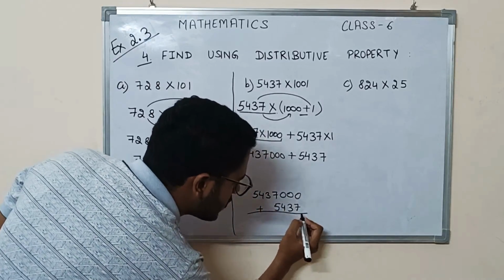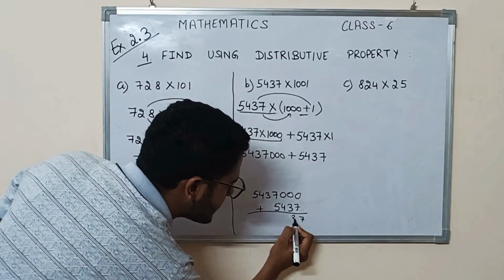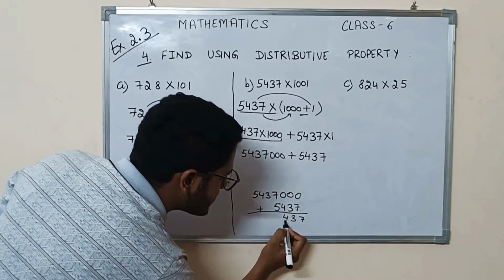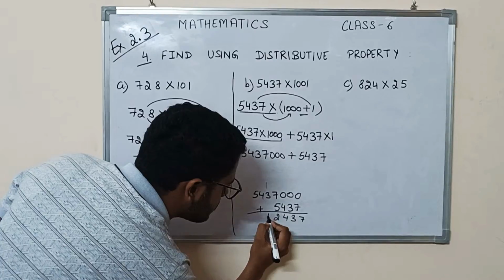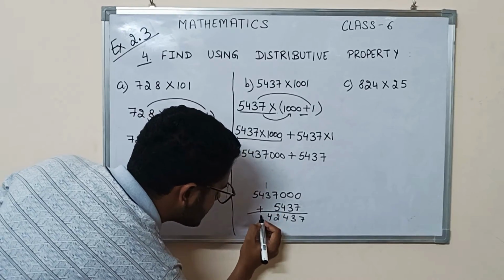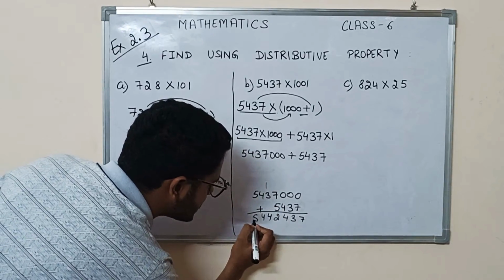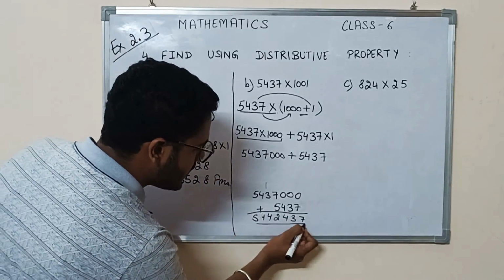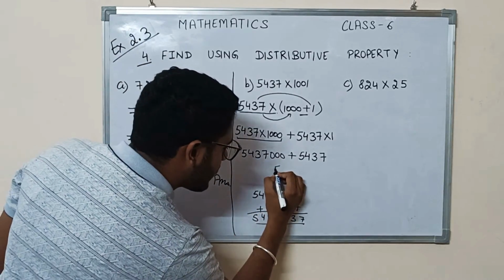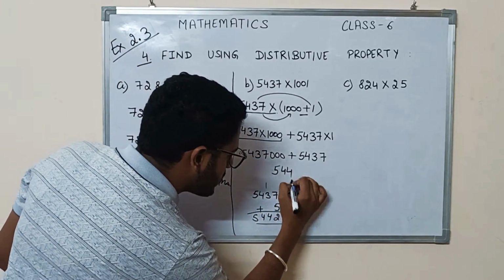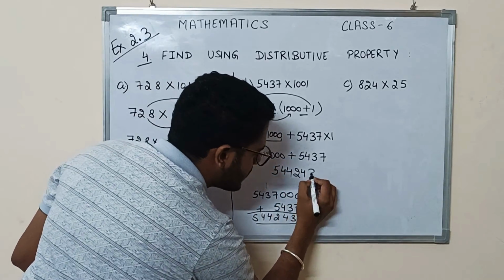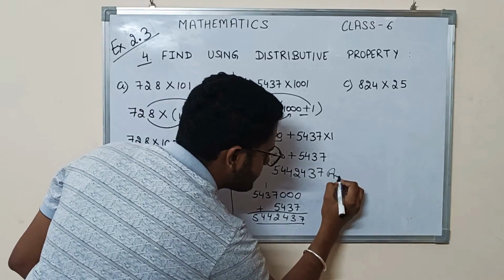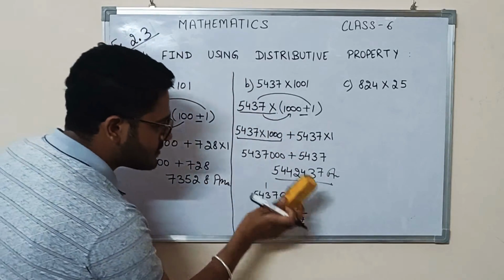When we add them, 0 plus 7 is 7, 0 plus 3 is 3, 0 plus 4 is 4, 7 and 5 is 12, 3 plus 1 is 4, 4 plus 0 is 4, 5 plus 0 is 5. So our answer will be 5442437. So this will be our answer.